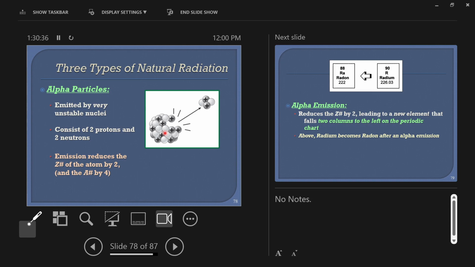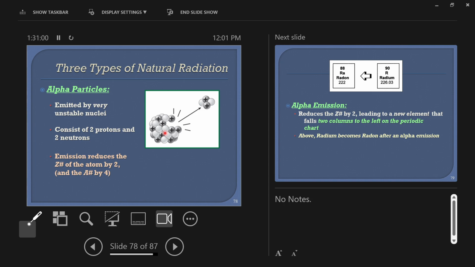How many of them? 2. So what can we say? We can say that whatever this atom was, it's now shifted down 2 blocks on the periodic table. Okay? You know, this could be anything. I don't even care. Let's make up something. Let's say that it is titanium. Okay, titanium 81. Okay?